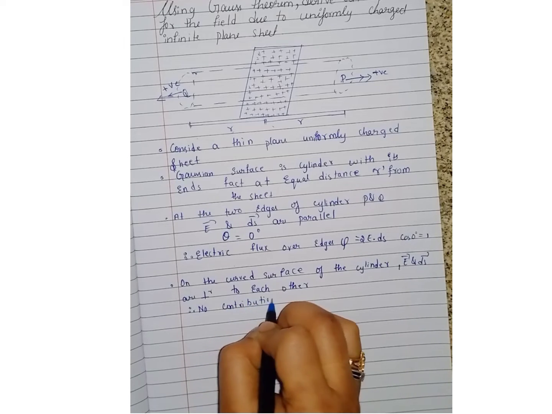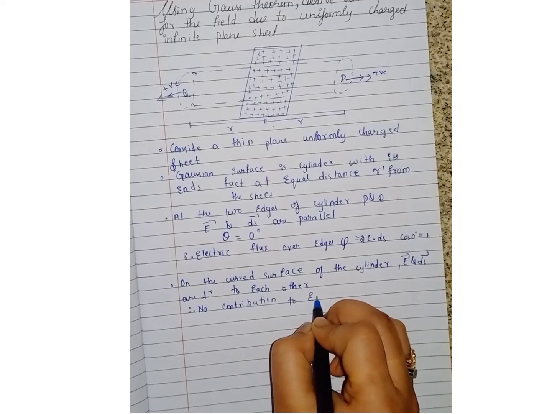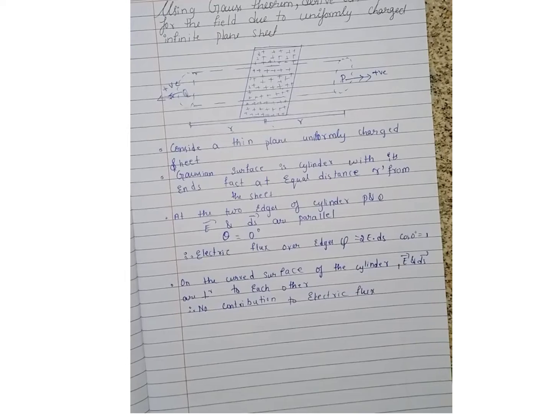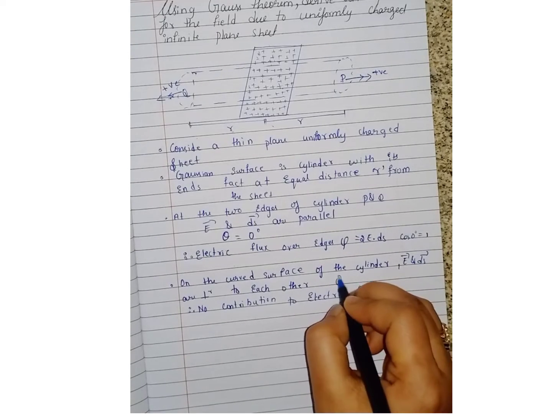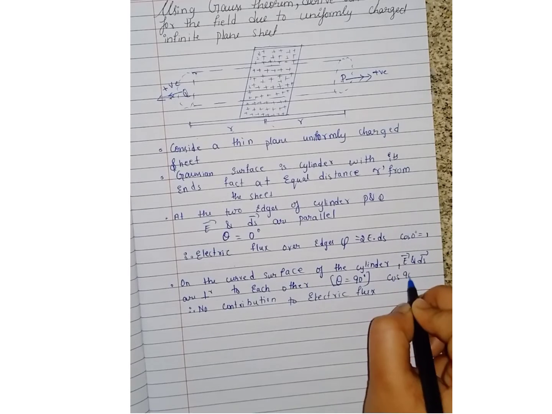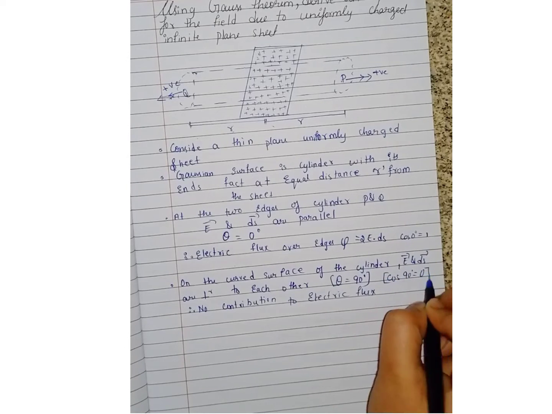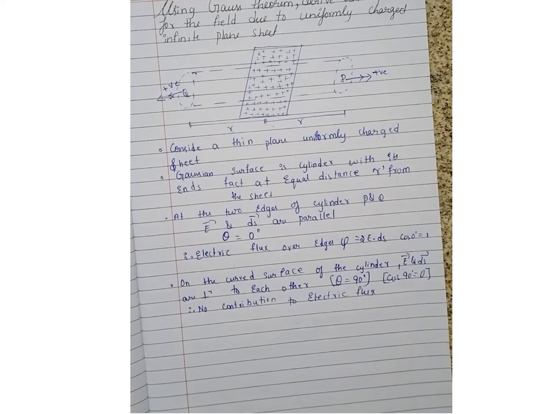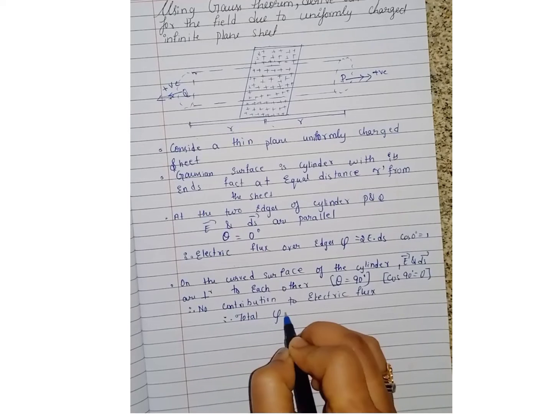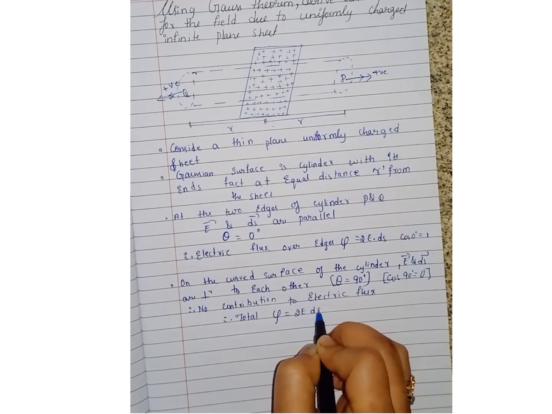The angle theta made by them is 90 degree, and cos 90 degree is equal to 0. So they do not contribute to electric flux. Therefore, total electric flux is equal to 2E ds.